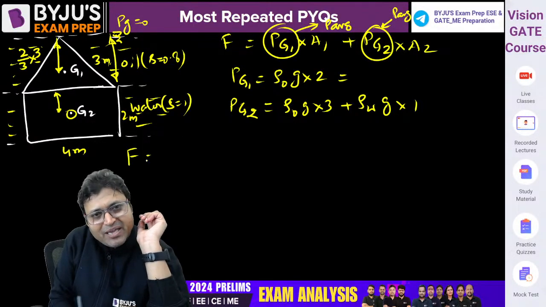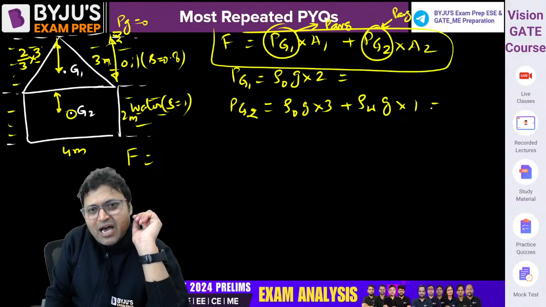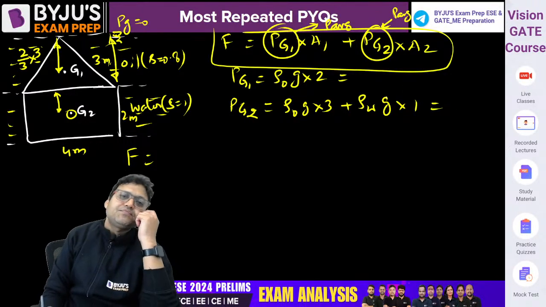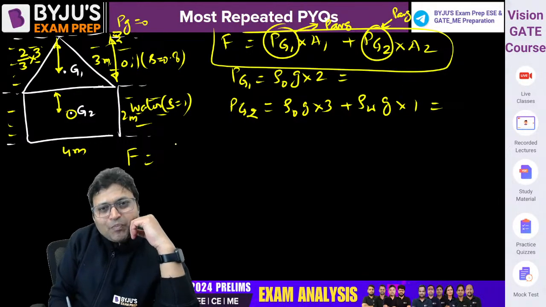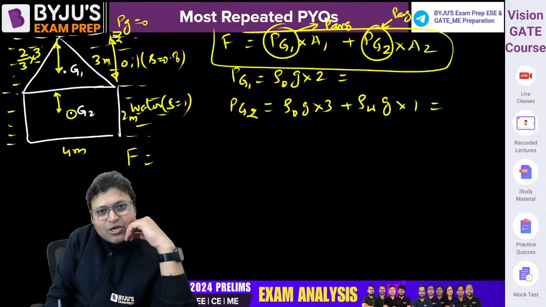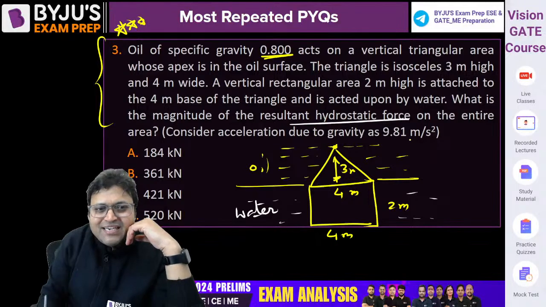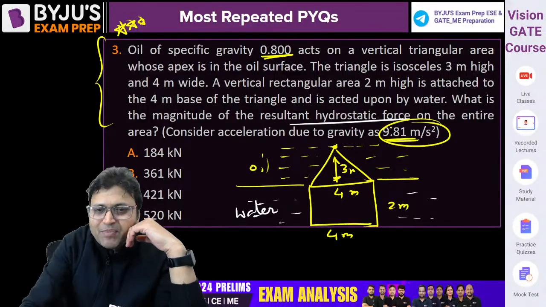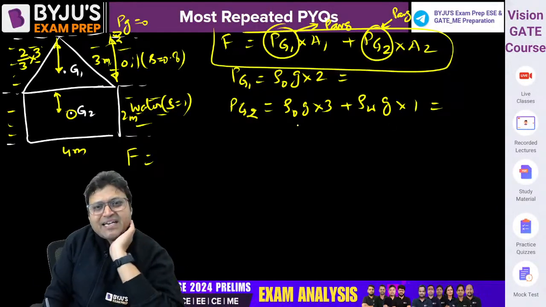So F will be equal to, if we put the values, are you able to understand this? F is equal to Pg1, that is rho of oil into G. G is given as 9.81, but to keep our analysis simple, let us take G as 10.